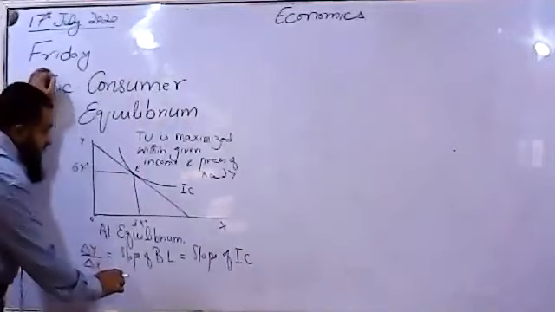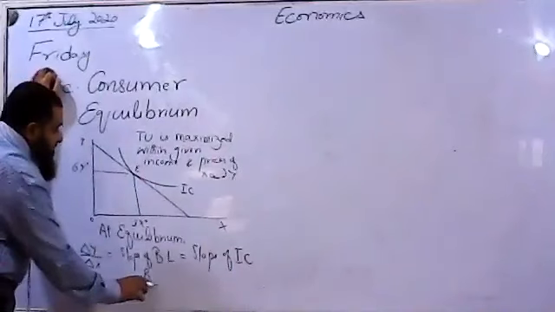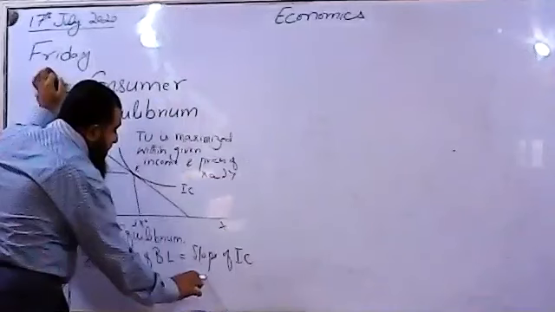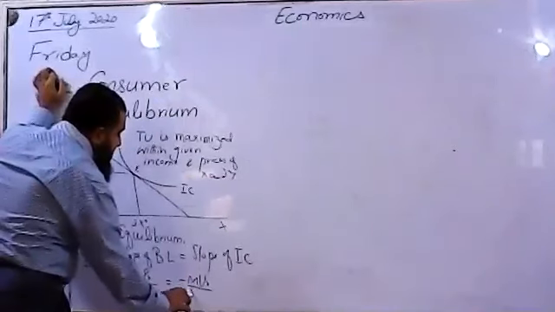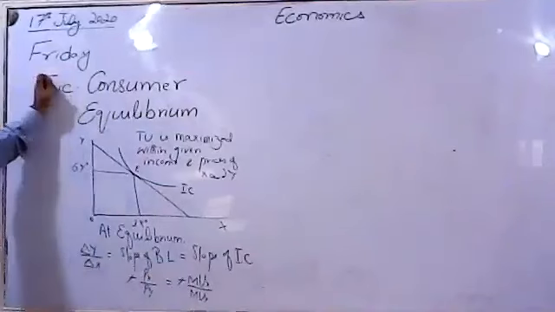What is the slope of the budget line? Minus price of X over price of Y should equal minus marginal utility of X over marginal utility of Y. The minus sign is cancelled out.